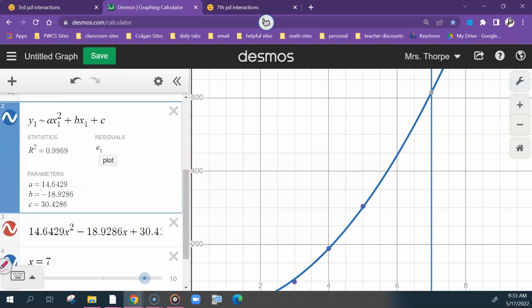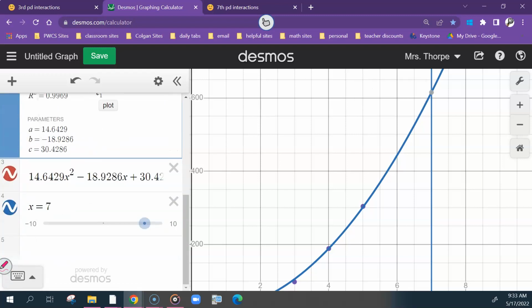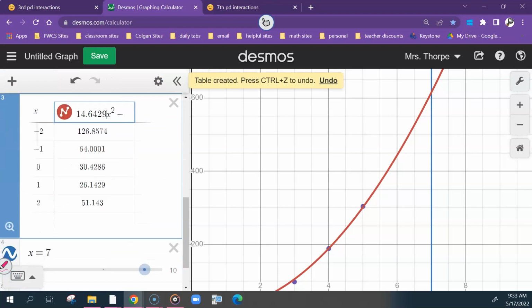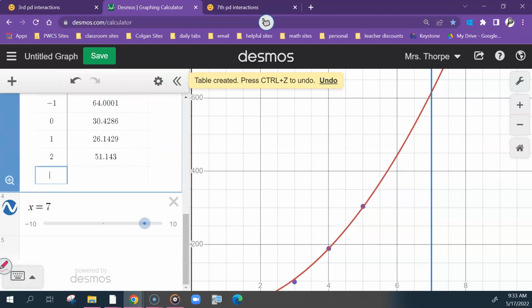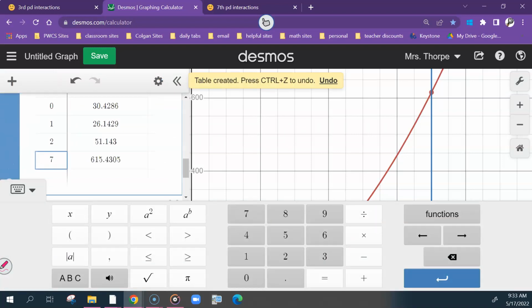Or you could make this equation a table and put 7 in for x here. Either way, same thing. The line and curve of best fit equations will not be on your formula sheet, so that is something you have to know.